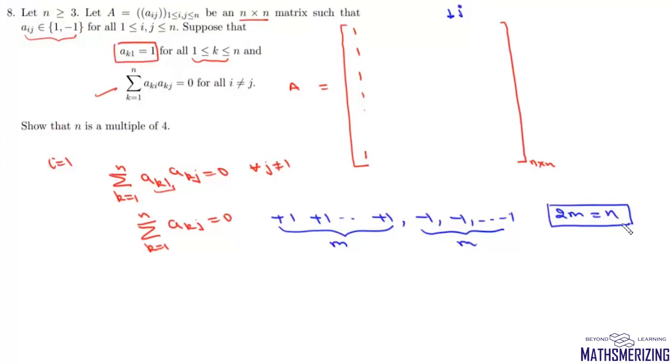So we have proved that this n is at least an even number. Now in this expression, if I put j as 1, then we get aki into ak1, and that is again 0. That means for any column i again it will have m plus 1s and m minus 1s.